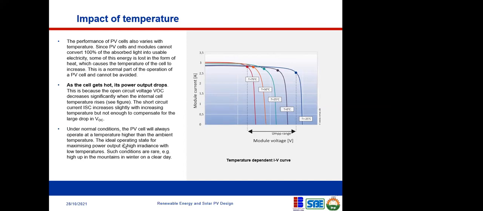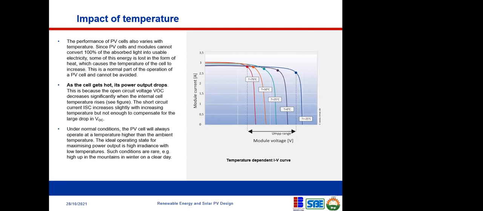And the ambient is also a result of the intensity of the sun. So I'm trying to get the balance between irradiance and temperature, because the sun irradiance is increasing and improving our current, and the same sun is affecting my voltage. Yeah.